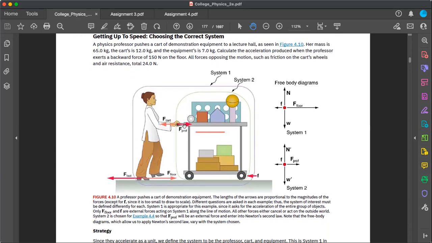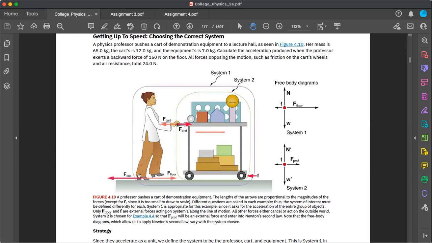So if you look at this picture, first of all, from the third law, if you just look at the teacher, she pushes the floor, and you can see the force of her foot, denoted by F foot. So F foot is the force of the teacher on the floor.